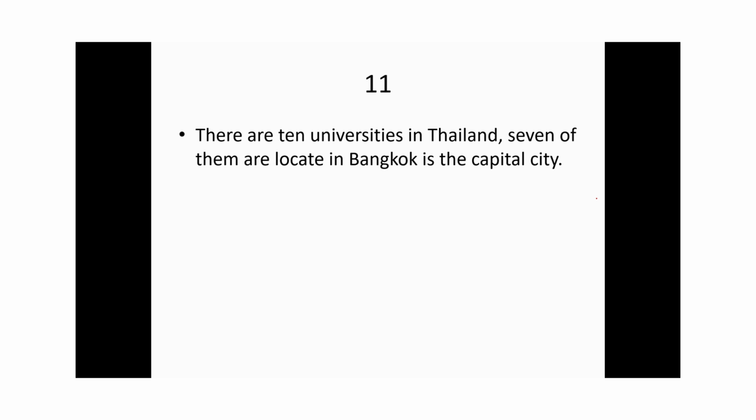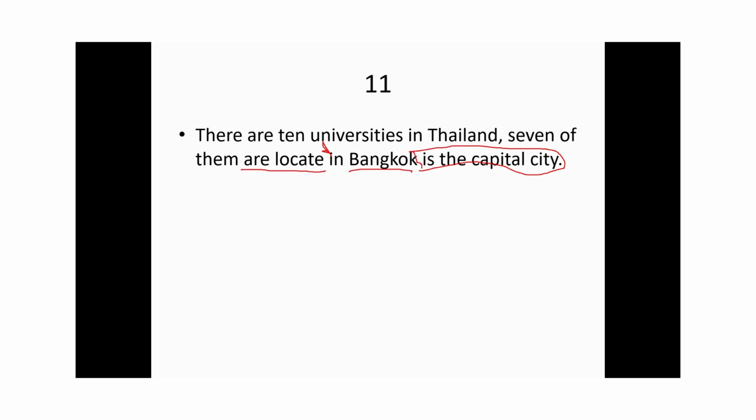Next, there are 10 universities in Thailand. 7 of them are located in Bangkok is the capital city. Okay, this is messy, but first issue is here, this needs to be passive. So that's just an ED on located. 7 of them are located in Bangkok. Here is the adjective clause issue. 2 ways to fix it.